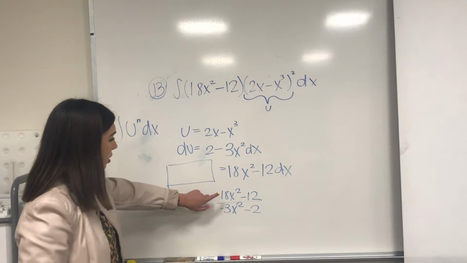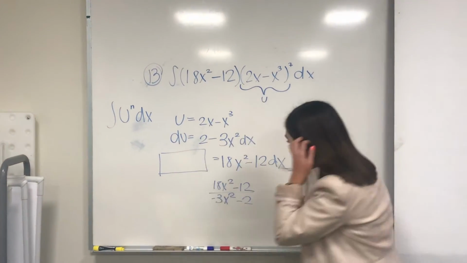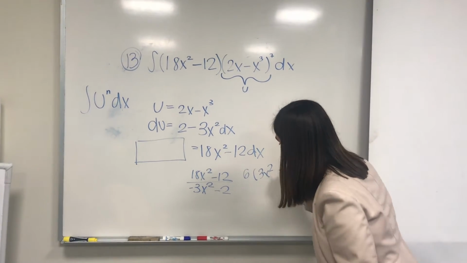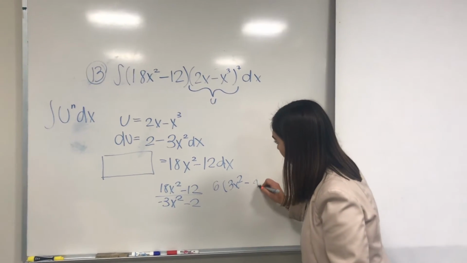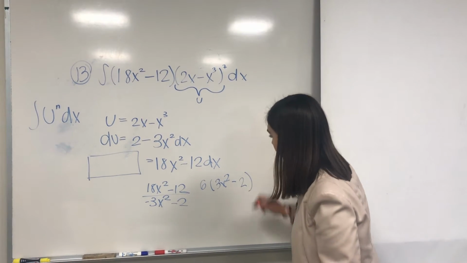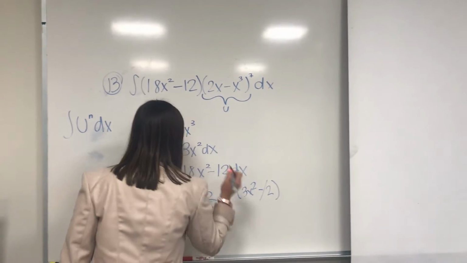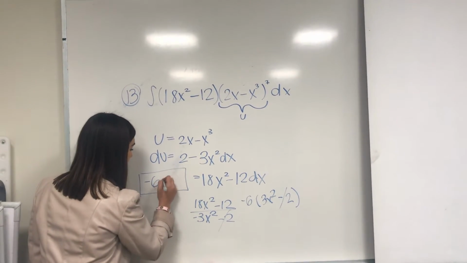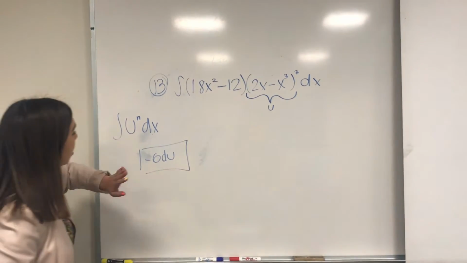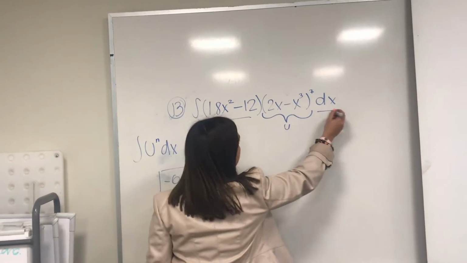We need to get the common factor so we can cancel this out. In this case, it will be 6, so 3x squared minus 2. This and this cancel out, and you have a negative 6 du. So this is our leftover that was replacing this and this.